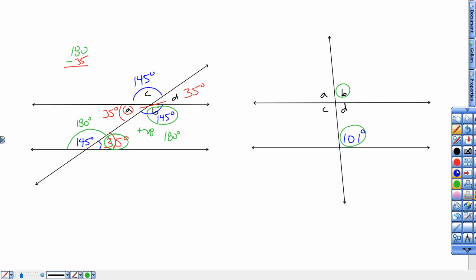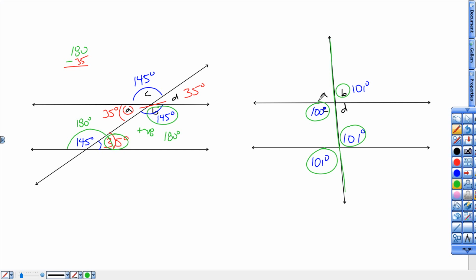If this is 101, this is 101 up here. That angle is equal. This angle is equal. All these are equal to 101. Vertical angles are equal. The angles on either side of this line slicing through the middle are equal. Look at all those angles equal to 101.